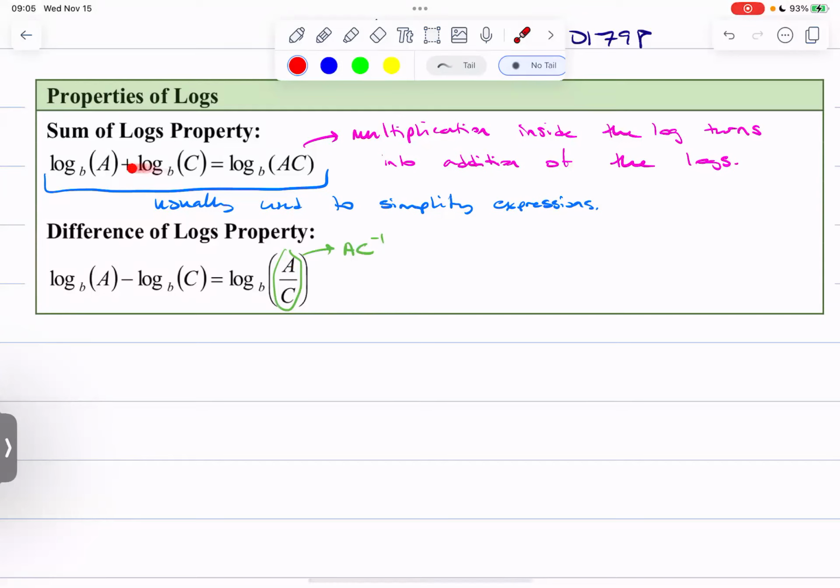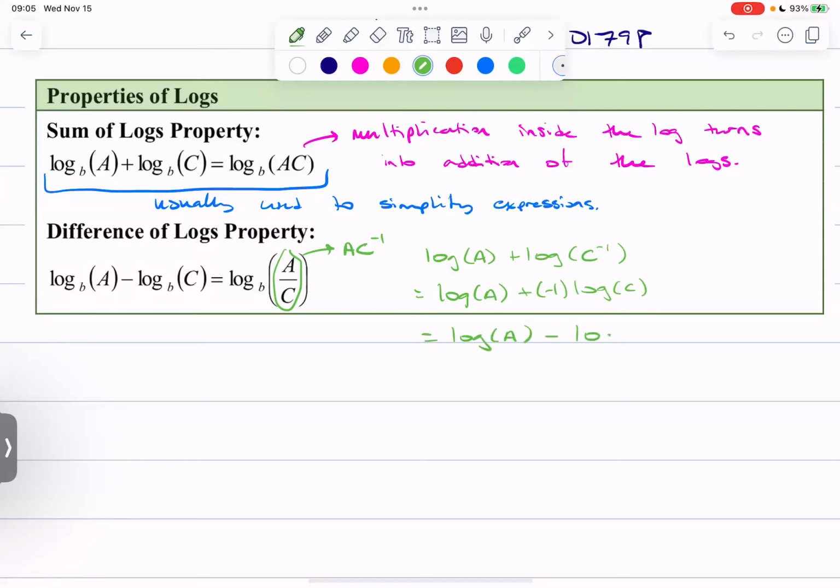By the addition property, this becomes the log of a plus the log of c to the negative 1, which is the log of a plus negative 1 times the log of c, which is how we get the log of a minus the log of c from here.